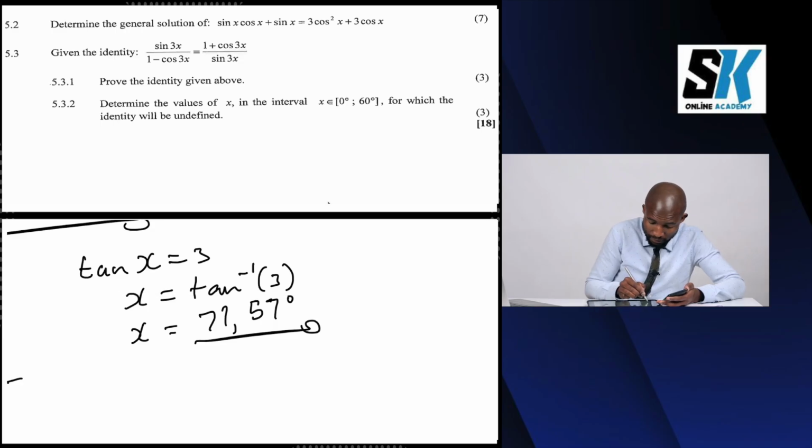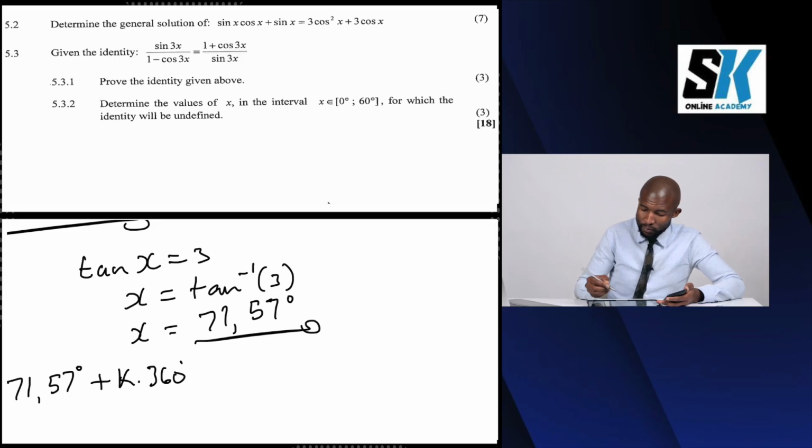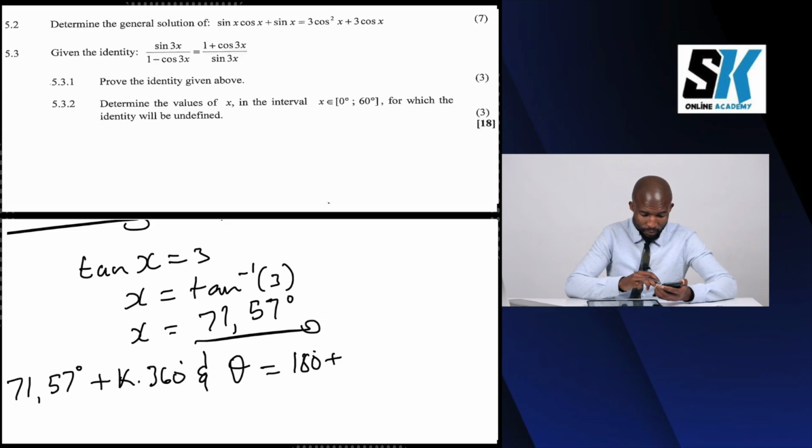So we're going to start with the first one, theta being equal to our reference angle 71.57 degrees plus k 360. So that is the first one. And our second one, which is theta being equal to 180 plus our reference angle. So our reference angle is that 71.57. So we're just going to add 180 to that.